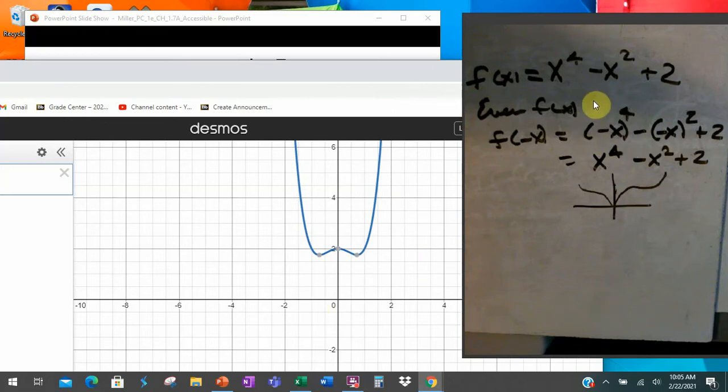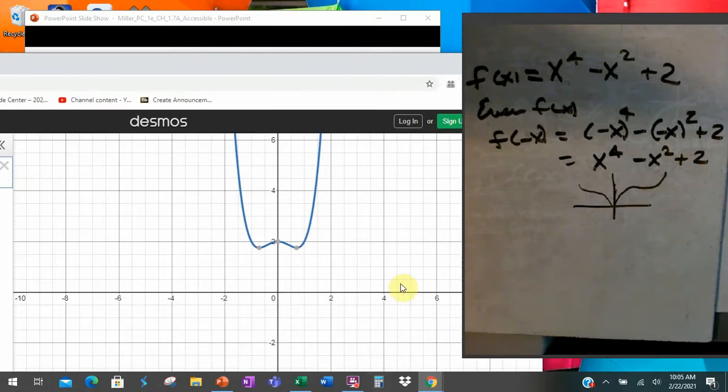If this had been all negatives, where this had flipped, that would be an odd function. I can't be even and odd at the same time. I'm either an even or an odd function. I can't be symmetric with respect to the x-axis because that's not even a function. I'm either symmetric about the y-axis or the origin, and if it's with respect to the origin, then it's not symmetric with respect to the y-axis.